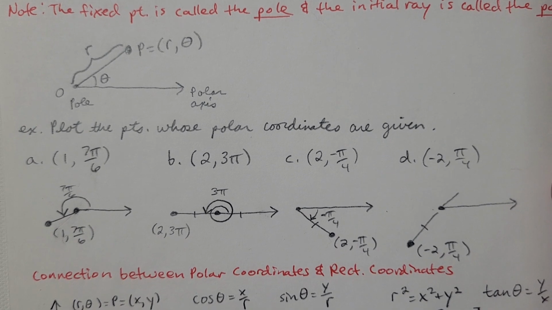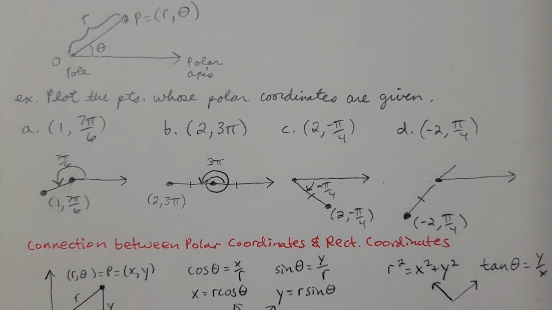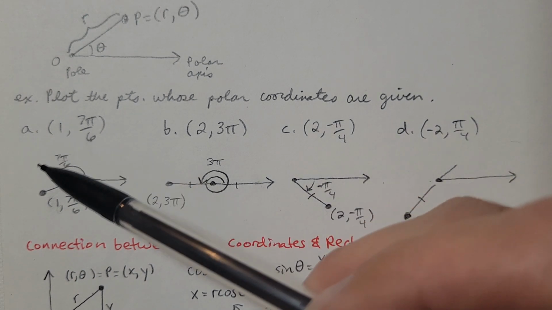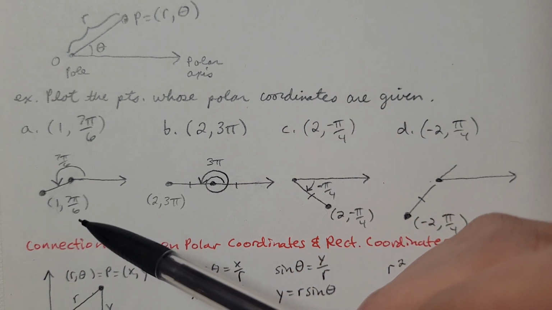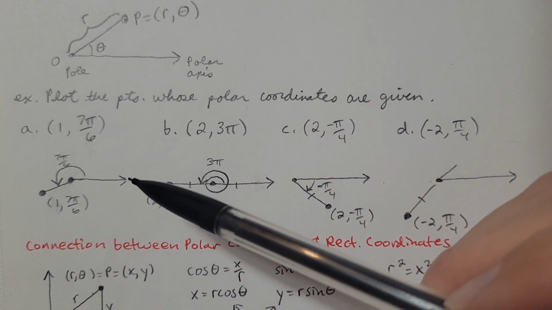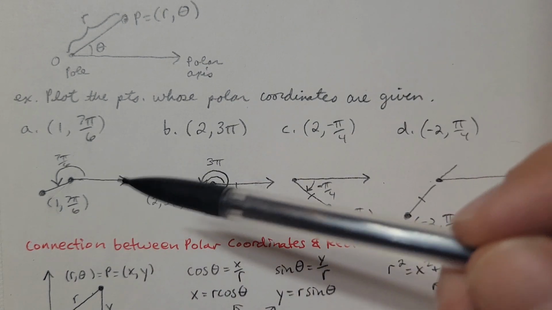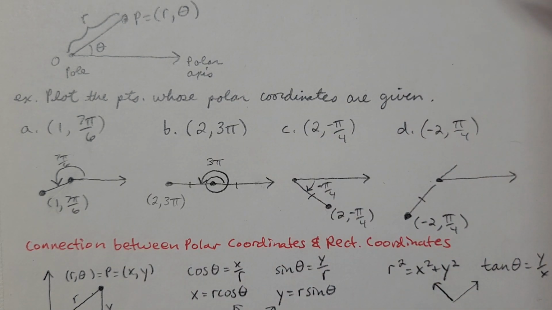Now, with polar coordinates, there are major axes and minor axes. The major axes would be 0 radians, pi over 2 radians, pi radians, 3 pi over 2 radians, 2 pi radians, etc. Just the 4 major axes. And then the minor axes would be all the other common angles, specifically increments of 30 degrees and 45 degrees, which come up all the time.